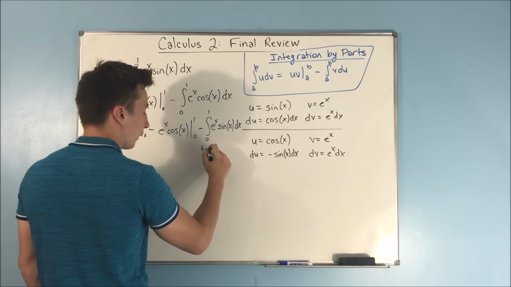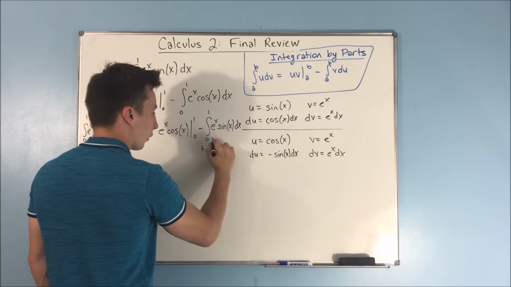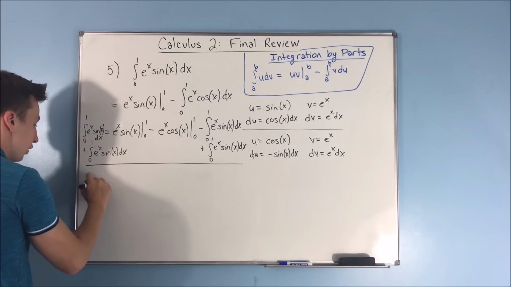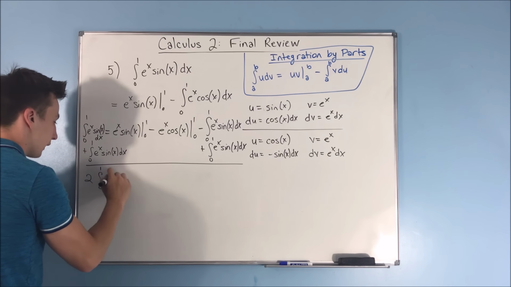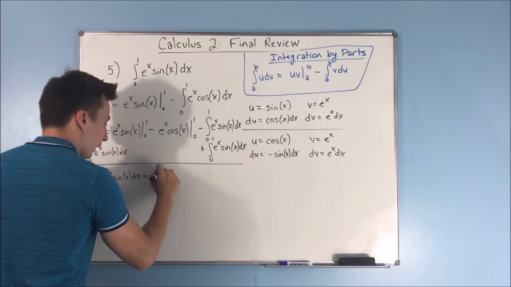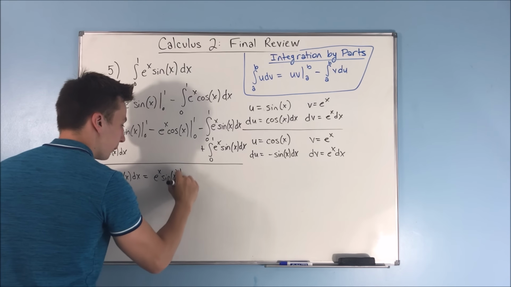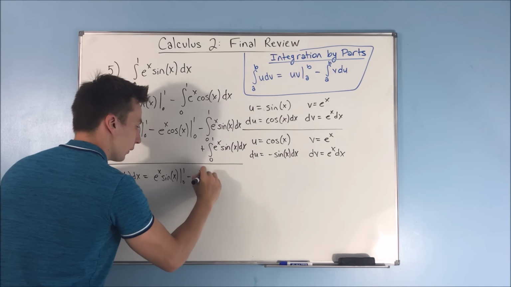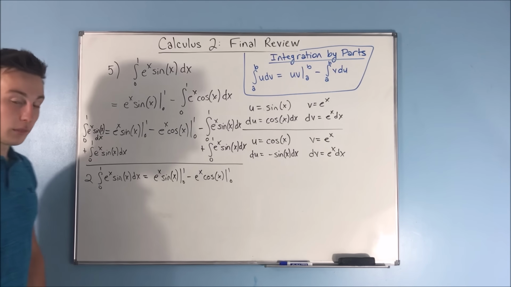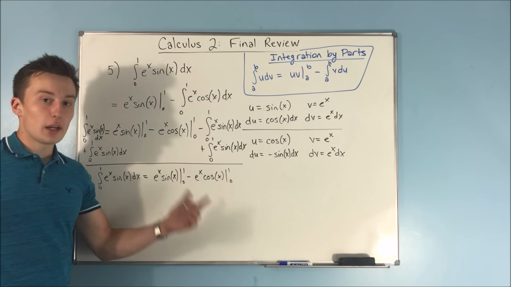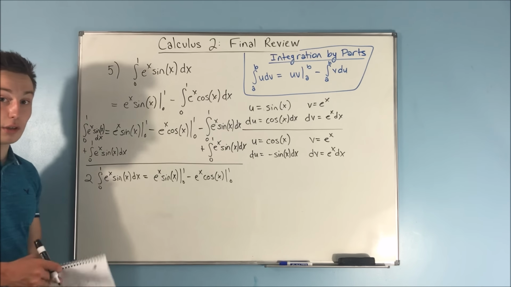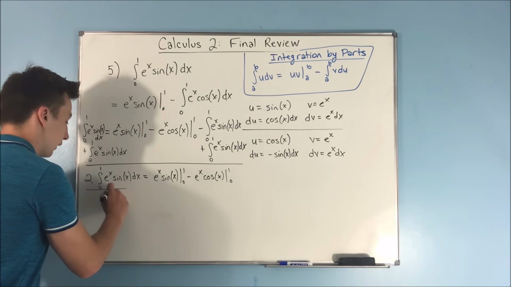If we add this integral over, then what we now get is that we have 2 times the integral from 0 to 1 of e to the x sine x dx is going to be equal to e to the x sine x, evaluated from 0 to 1, minus e to the x cosine x, evaluated from 0 to 1. Okay, so now this is just evaluating, but remember, we're solving for the integral of e to the x sine x dx, not two times the integral. So what we need to do is divide by 2 here.